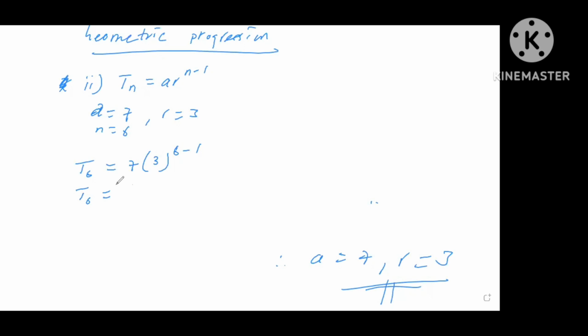Then we continue. The sixth term is equal to 7 times 3 to the power of the number in the brackets. So what is 6 minus 1? It is 5. Then we continue: 7 times 3 to power 5.